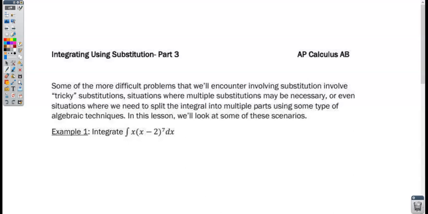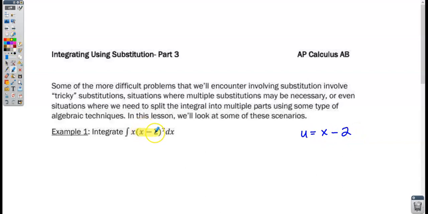Now, we also know by now that when we're doing integration by substitution, the best first approach is looking for something that is inside of another function. It's part of a composite. So I think most of us would try u equals x minus 2.